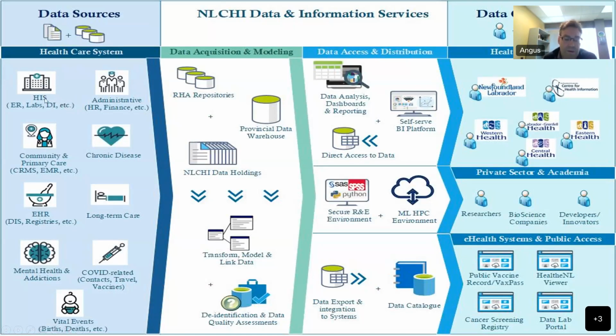So for example, we have health information system data, we have community and primary care data, we have electronic health record data, so drug information system, 100% of the community pharmacies are contributing data to our data warehouse.